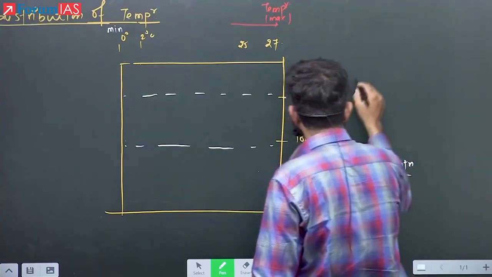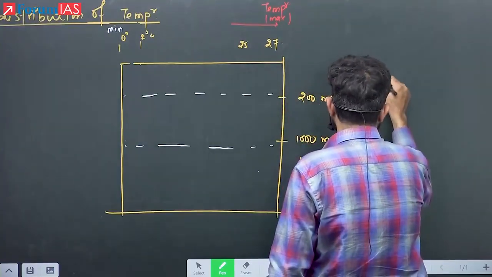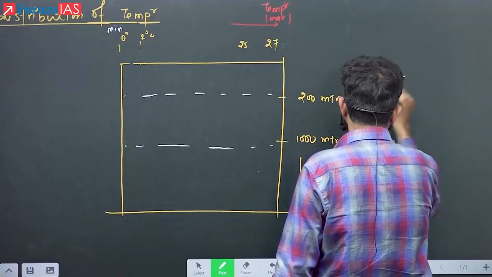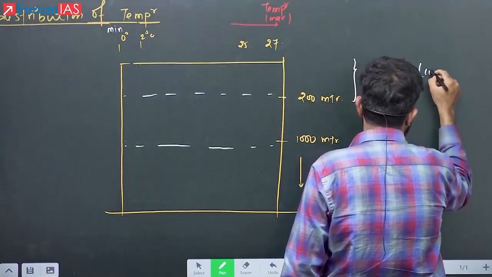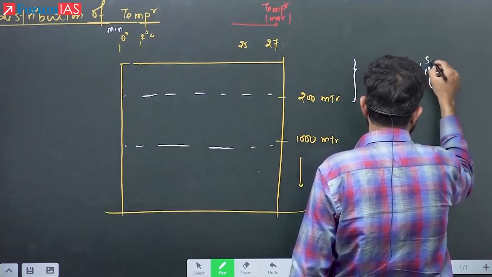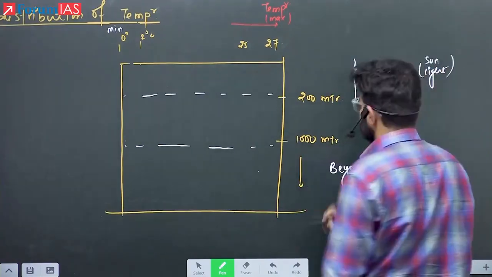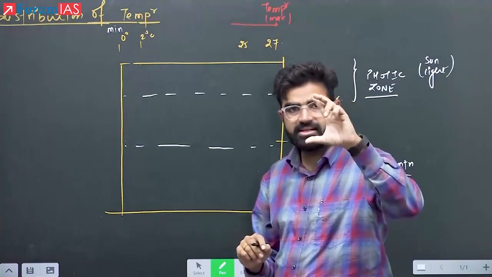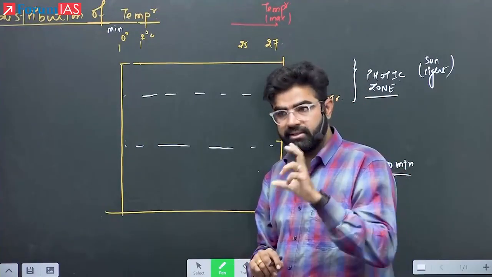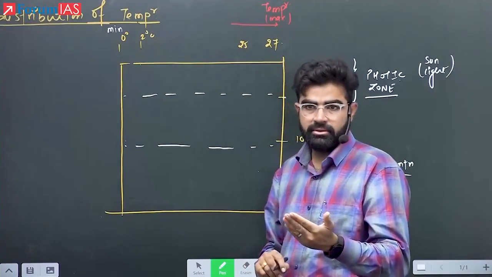Now, why this 200 meter? Because this is the zone which I can write here. It is nothing but photic zone in which light can penetrate. Which light? Sunlight can penetrate up to here. So, because I can say easily the sunlight is penetrating here in this layer, can I say the temperature in this layer would be slightly higher? Yes or no? Yes.